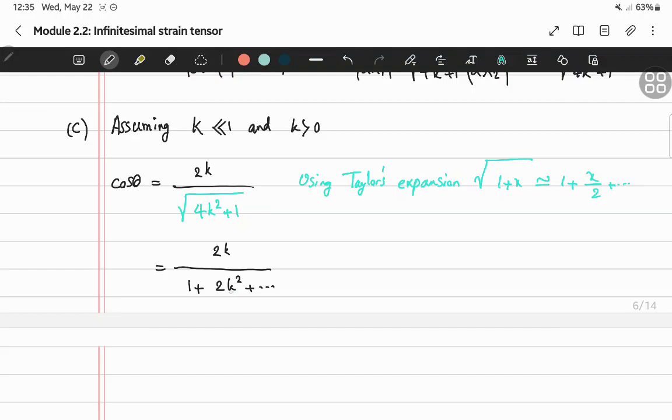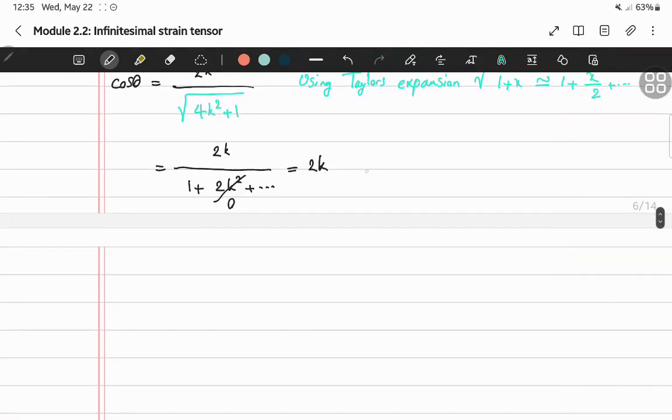Since k is very small, I can assume this is 0, so this becomes 2k. Therefore, the cosine theta is approximately equal to 2k for the infinitesimal strain, for k way less than 1.